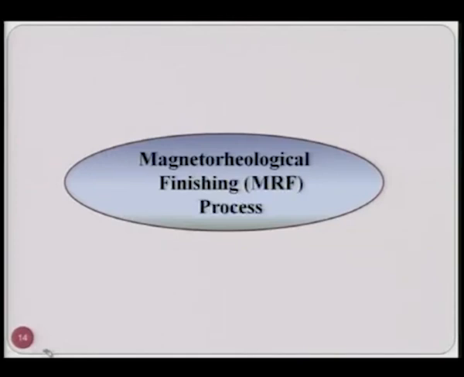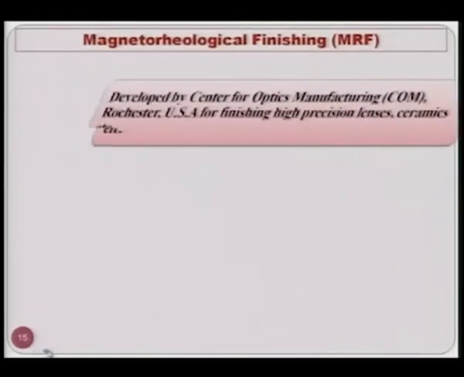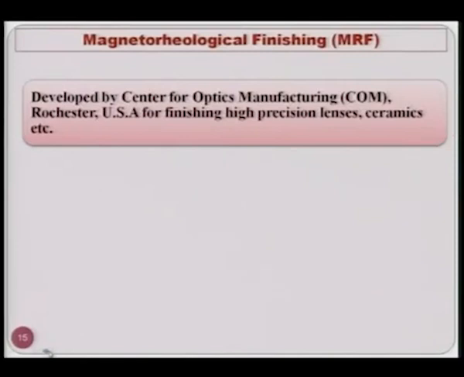Now, let us discuss briefly what is this magnetorheological finishing process or MRF process. Magnetorheological finishing process was developed by Center for Optics Manufacturing, COM, Rochester, USA, for finishing high precision lenses, ceramics, etc. Just similar to what we are wearing on our face, these kinds of lenses, for that purpose they were initially developed.